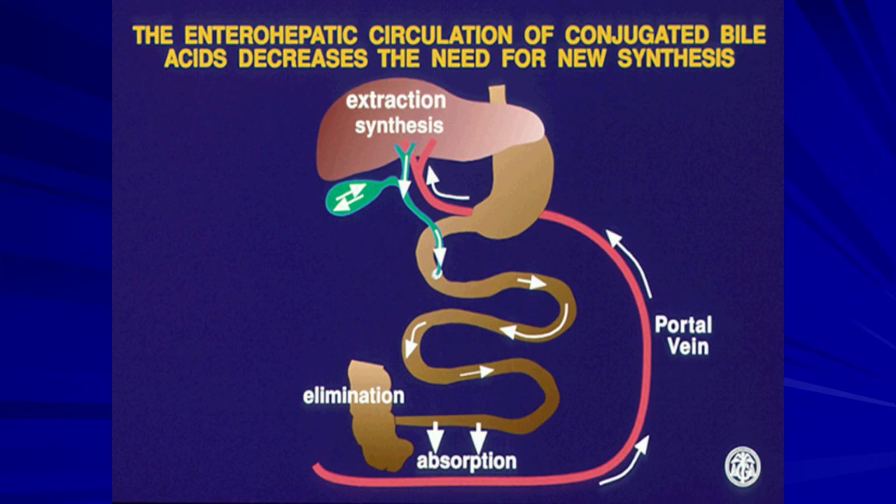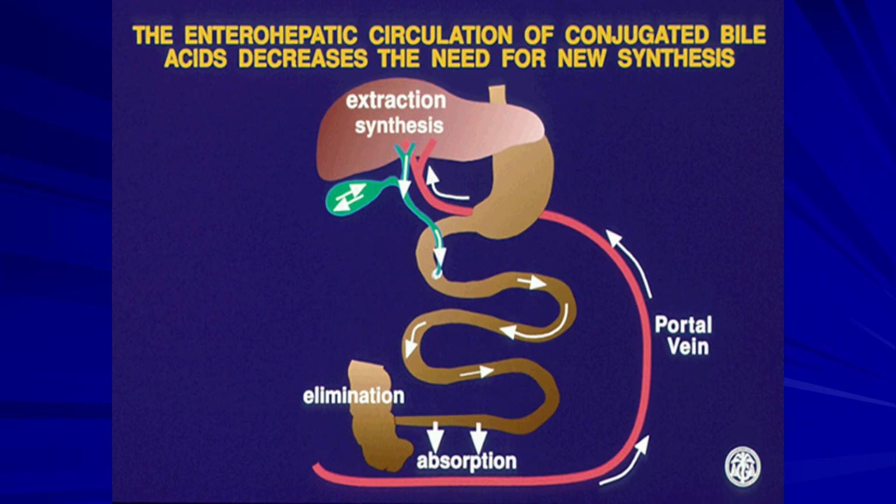And thus for this process to happen, we have three active processes. The first one I mentioned, secretion of bile salts across the canalicular membrane of hepatocytes. That's an active one. The second one is absorption from the terminal ileum back into the portal circulation, and that's also an active one.